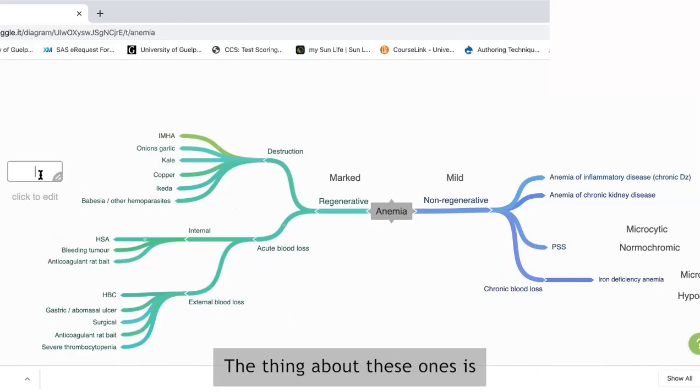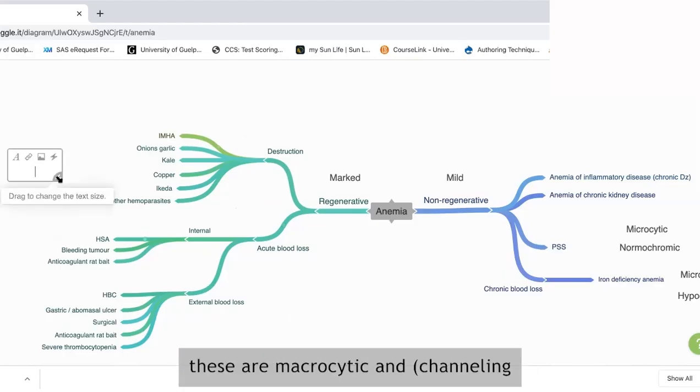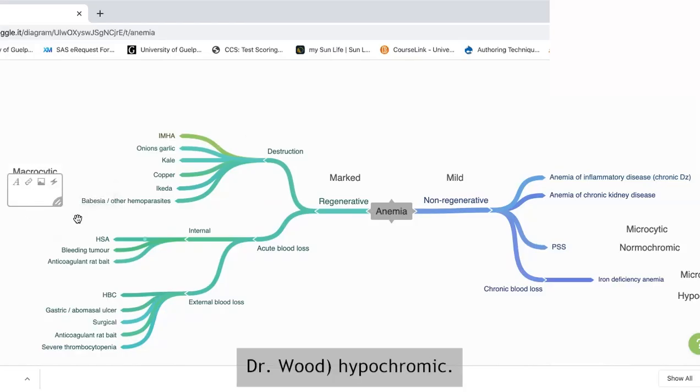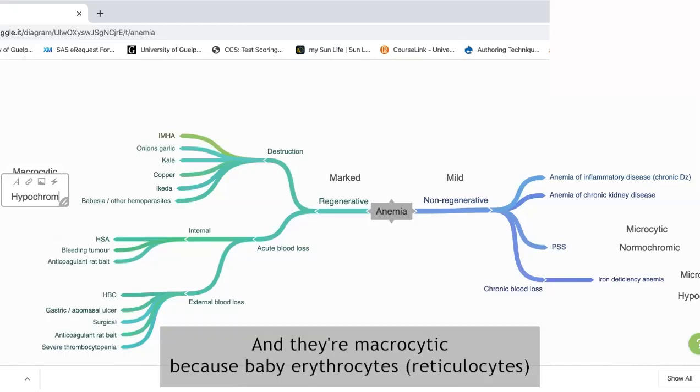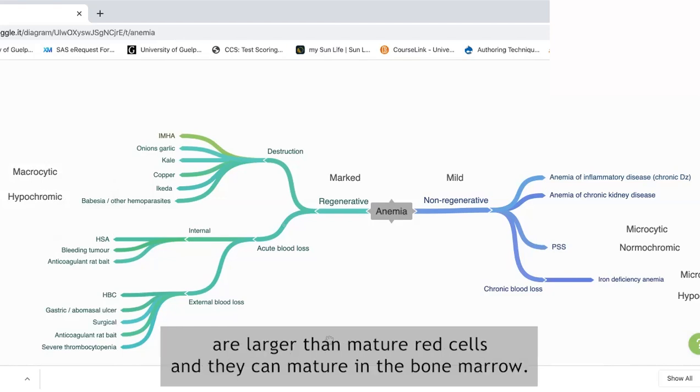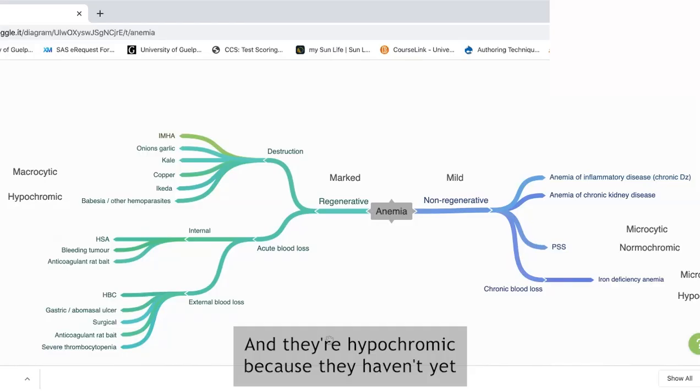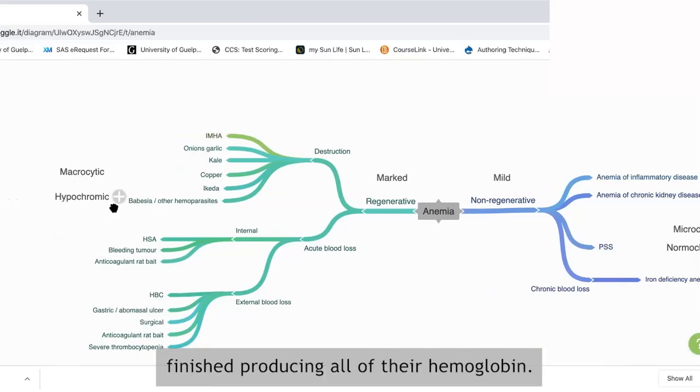The thing about these ones is these are macrocytic, and of course, channeling Dr. Wood, hypochromic. And they're macrocytic because baby erythrocytes, reticulocytes, are larger than mature red cells, and they can mature in the bone marrow. And they're hypochromic because they haven't yet finished producing all of their hemoglobin.